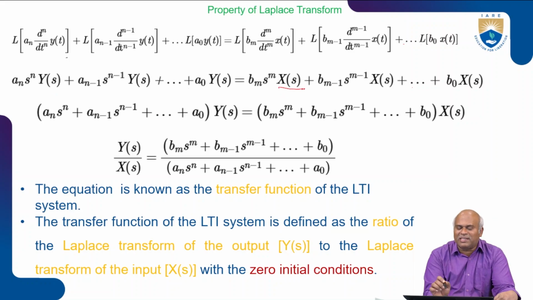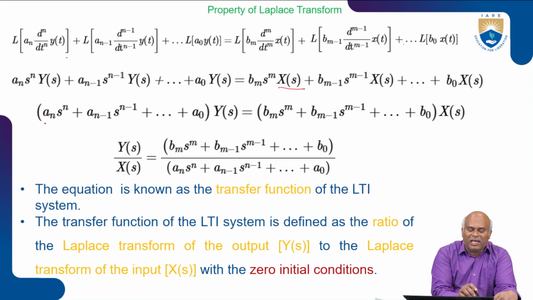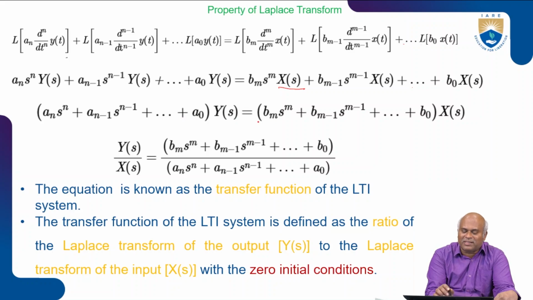On the right side X(s) is a common term, we take it out. Then I write the equation as (a_n s^n plus a_(n-1) s^(n-1) plus up to a0) times Y(s), equals (b_m s^m plus b_(m-1) s^(m-1) plus up to b0) times X(s).